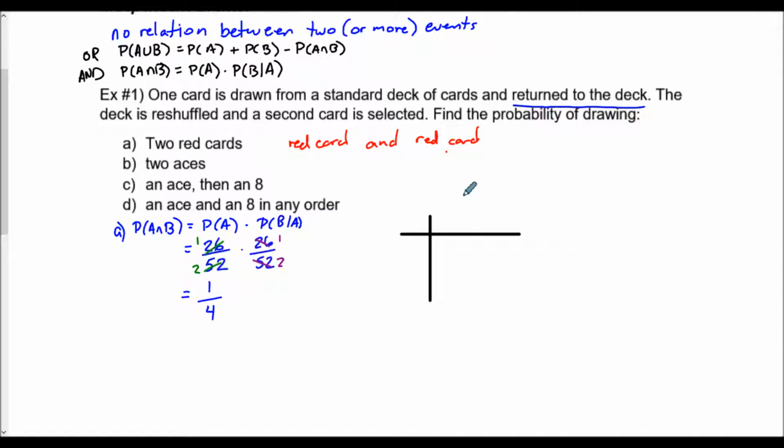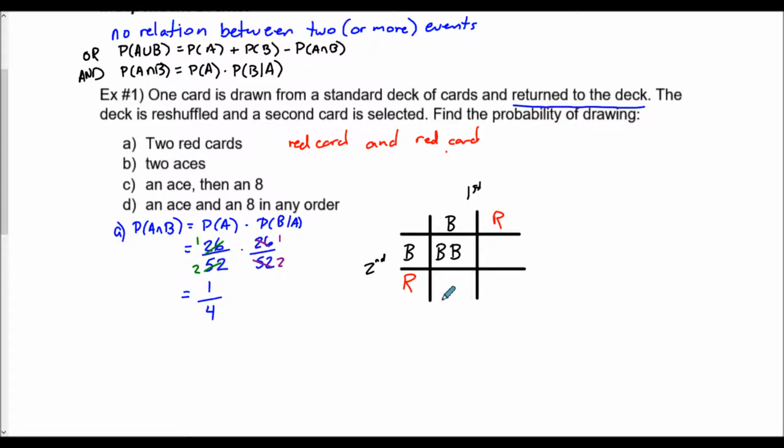Because we have 2 situations. Actually, let me just fill in the rest of this chart. Because we're drawing 2 cards, here's a chance. The first card could be black. There's the first, there's the second. The first card could be black, and the second card could be black.